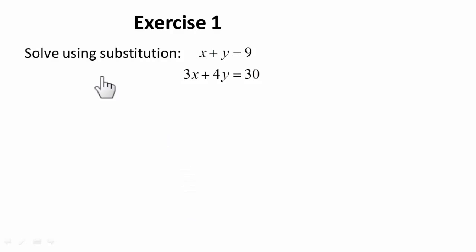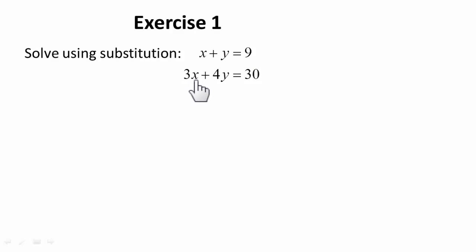So solve the following by substitution. Either way, if you want to solve for x in terms of y, then you plug in the x and you'll get y. Or if we solve for y in terms of x, then you plug it into the next equation and you'll be able to solve for x.